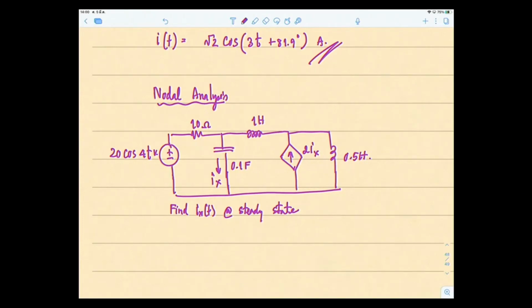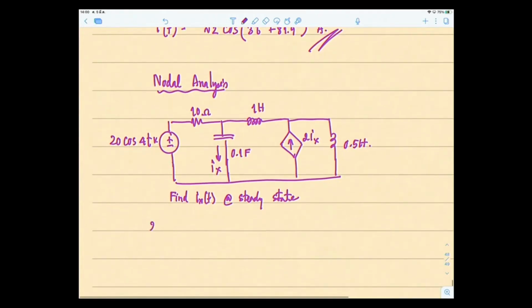So let's begin. The rules are change the time domain into the frequency domain, change all the elements into impedance. So therefore 20 cos 4t changes into phasor domain as 20 angle 0 degrees.